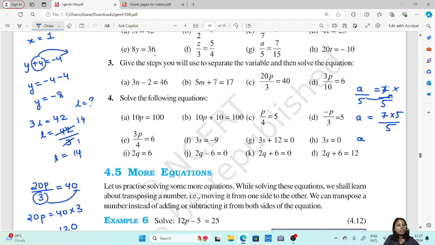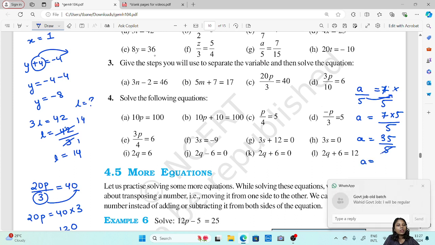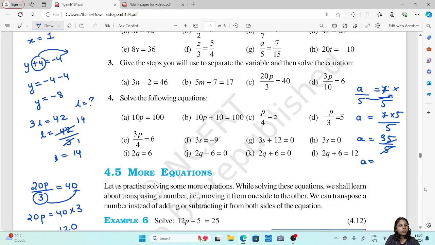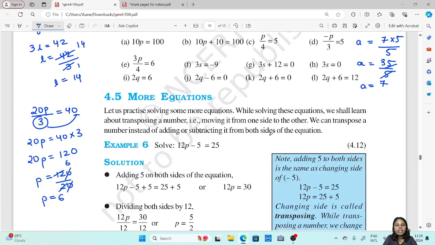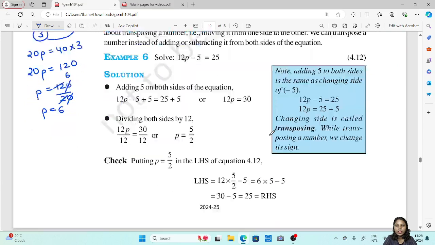So this will be 7 5s are 35 upon 5. So a value over here is 7. Okay, understood? So that is how we can solve such simple examples and find the values of the variables.